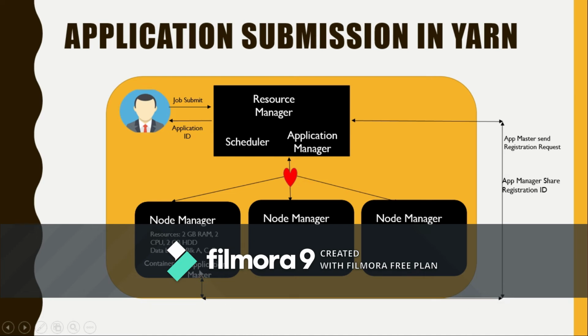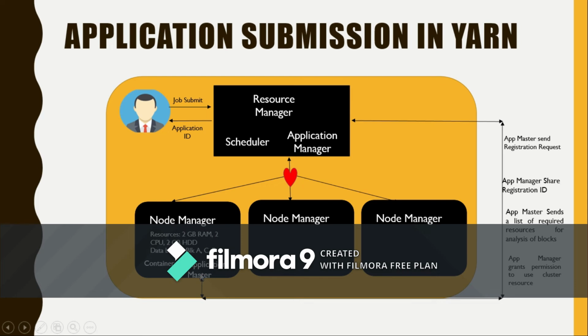As soon as application master gets the registration ID, it sends a list of required resources for the analysis of data blocks. So it sends a request to application manager, and in return application manager grants the permission that okay, you can use the required resources to complete this processing.